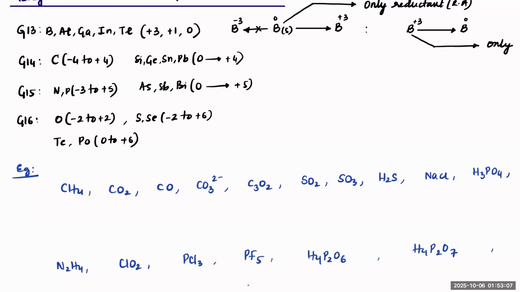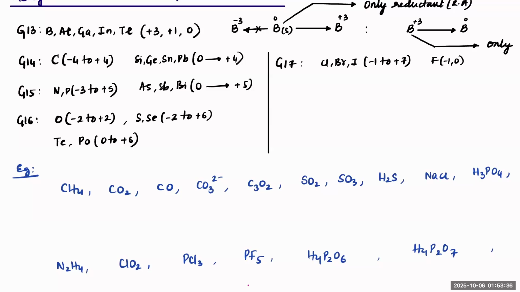Lastly, group 17. They can exhibit anywhere from -1 to +7: fluorine, chlorine, bromine, iodine. Of course, fluorine does not show all of them. Fluorine only shows -1 and 0. Clear?